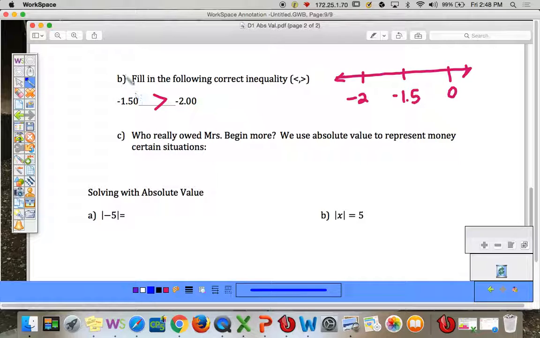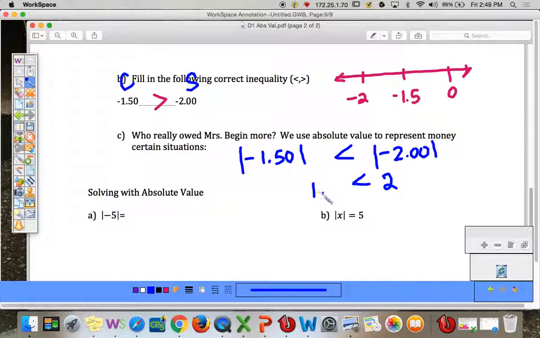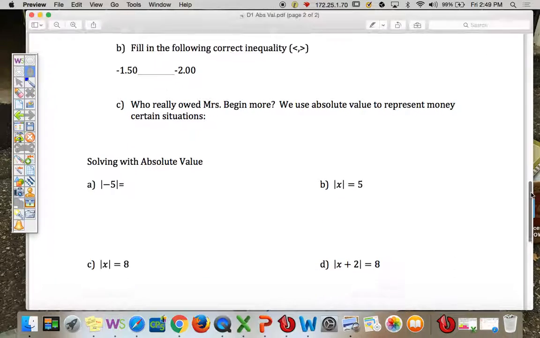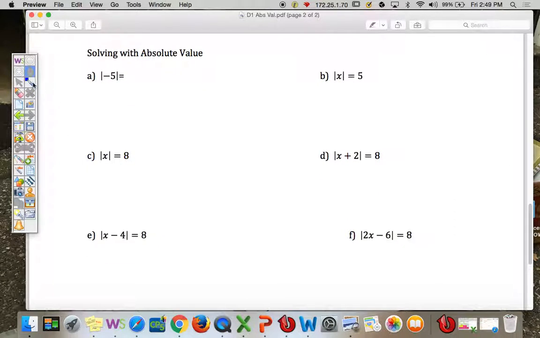This was Kyrie and Skylar. We know that Skylar really owed more. So this is where we have to use absolute value, because we know that Kyrie owed $1.50 and Skylar owed $2. And we want something to show that Skylar owes more. And so we say $2 is more than $1.50.